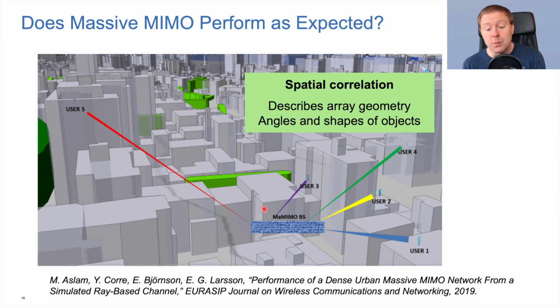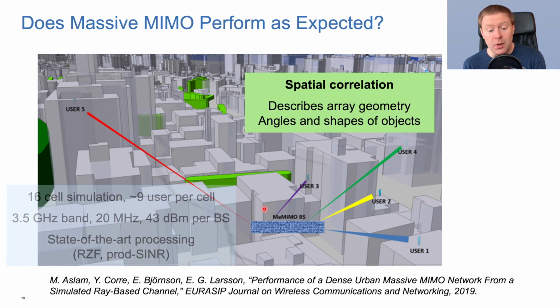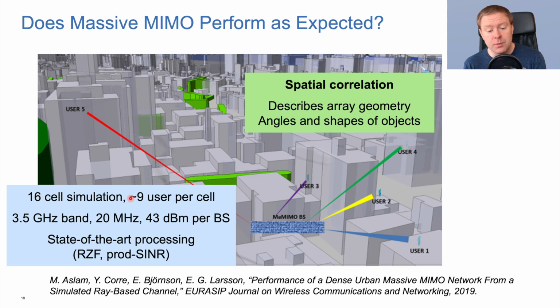And here we were actually computing the models by ray tracing. We had 16 cells. We dropped 9 users per cell area. It's a 3.5 gigahertz band, so a real 5G band, 20 megahertz of bandwidth, 43 dBm per base station that we're transmitting with, and then we have state-of-the-art processing from my book, Massive MIMO Networks.